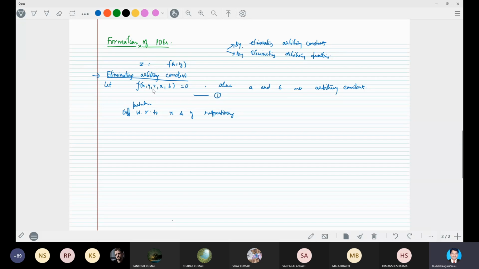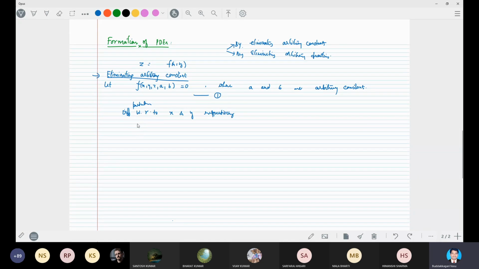Where f is a function of x, y, z, a, b equal to 0. Therefore, there are 5 variables involved here, constants also we can say. Where x comma y are independent variables, z is the dependent variable, and a, b are the arbitrary constants.